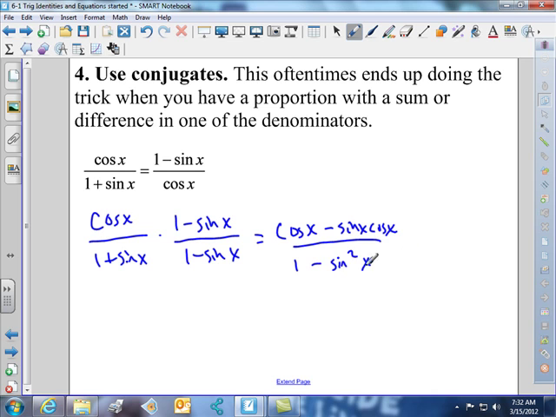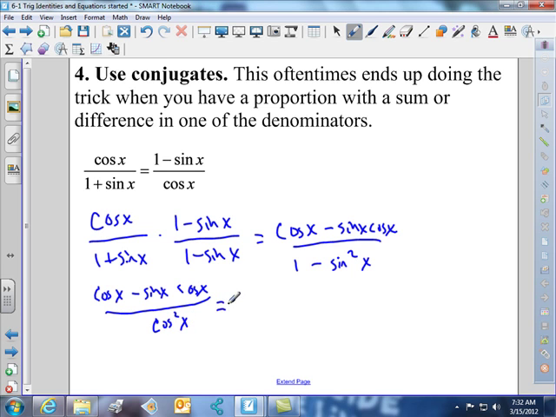Looking at this, 1 minus sine squared, if you recall, is equal to cosine squared. So I've got cosine of x minus the sine of x times the cosine of x, over cosine squared of x.